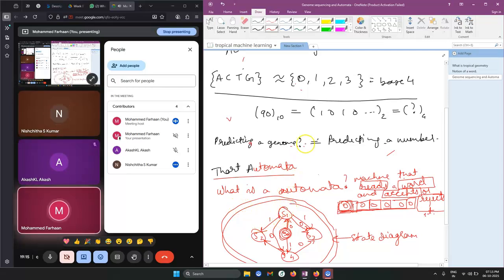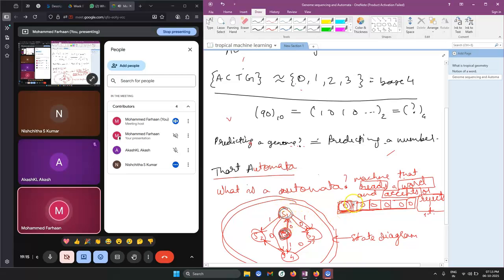So S1. Let me just use purple. Okay, I started at S0, and I go to S1 because I've read a 0.